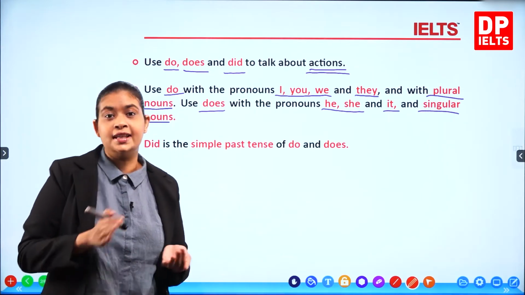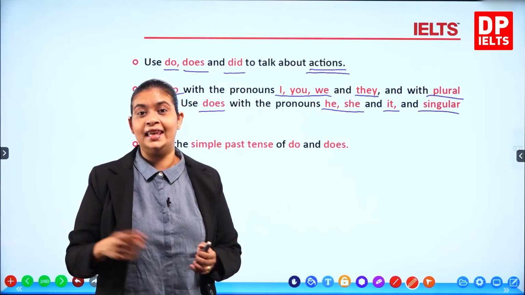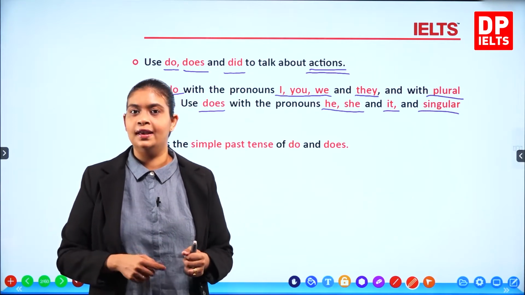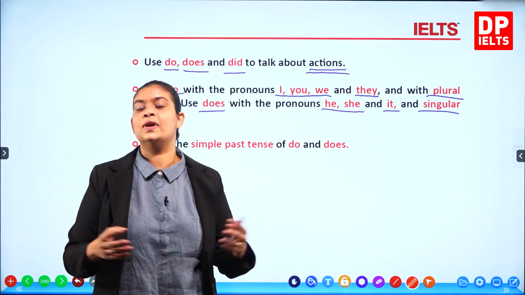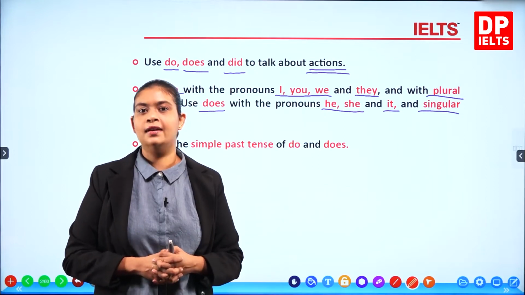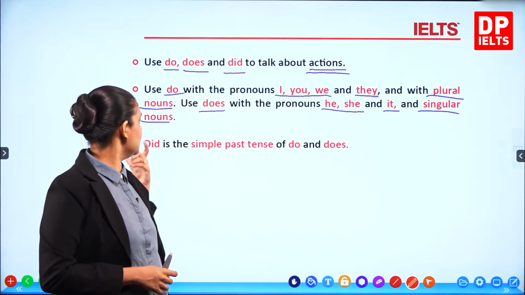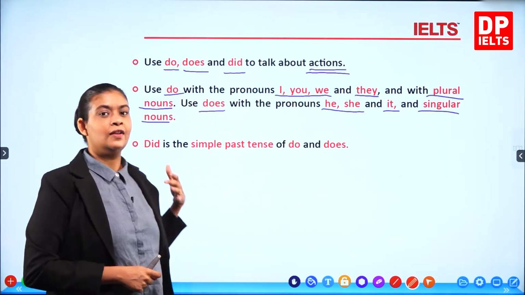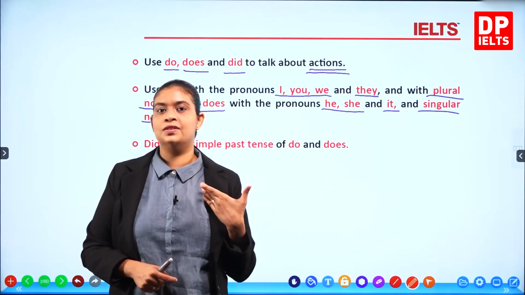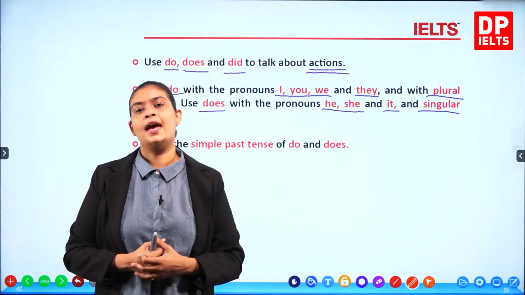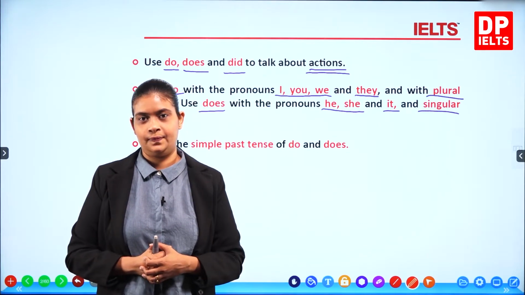However, does is used with he, she, it, as well as singular nouns. Now, if you take did, that is the past tense of do and does. Right?